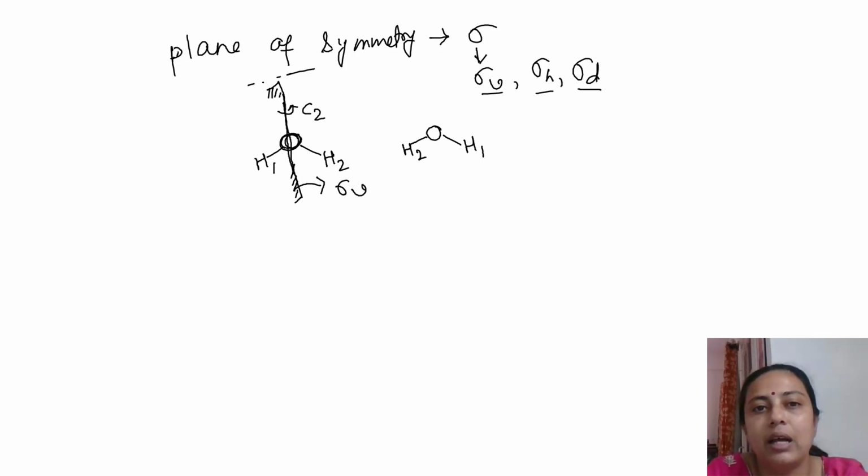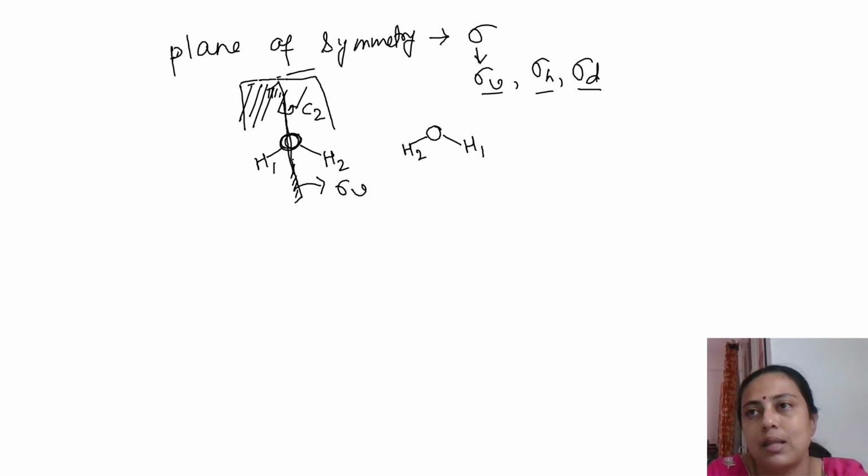Similarly, there is another vertical plane which is contained by the plane of the board and which also contains the C2 axis, as my water is a planar molecule and the C2 axis is on the plane of the board. So the second sigma plane also contains a C2 axis, and that is contained by the board.